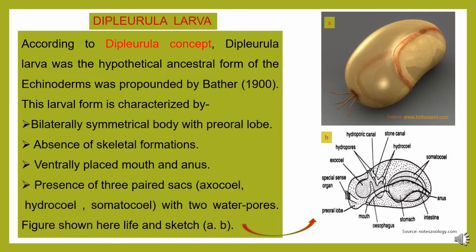According to the Dipleurula concept, the dipleurula larva was the hypothetical ancestral form of the echinoderms, propounded by Bather in 1900.